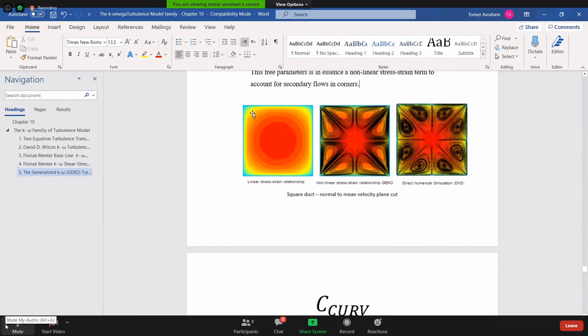Okay? That's the issue that you have. The simple fact that the stress penetrates the corner doesn't allow for this to happen.